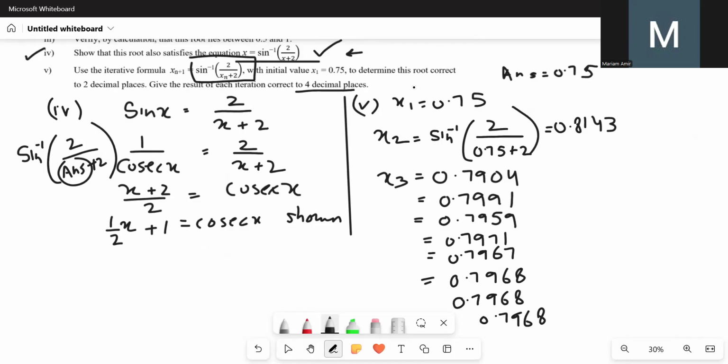Okay, it has stopped changing. Just to be sure, press equals a few more times and still we're stuck at 0.7968. So the final root is going to be, correct to two decimal places, 0.80.